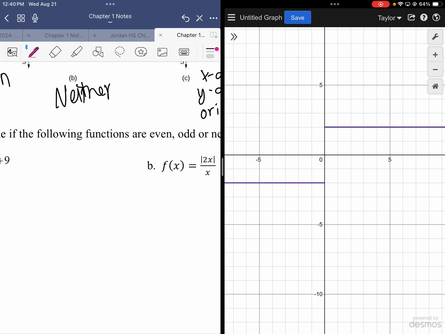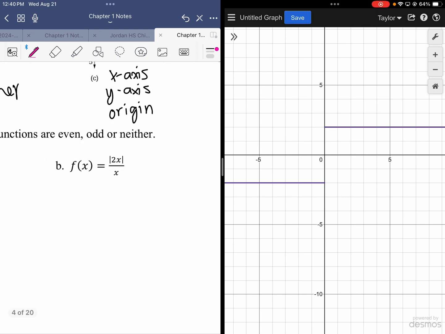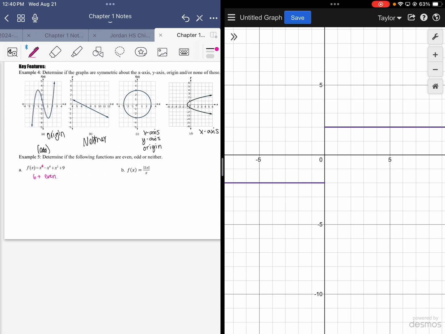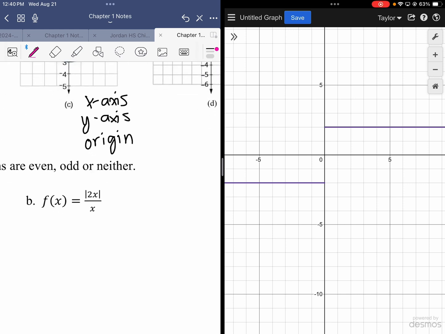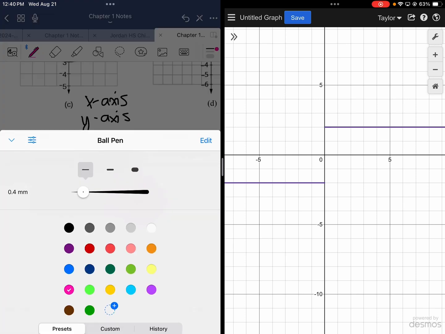It's gross, I know, I'm aware. Okay, well, that's what it looks like, though. So, it is symmetric about the origin, which makes it... What's up? How can we know that without making the graph?